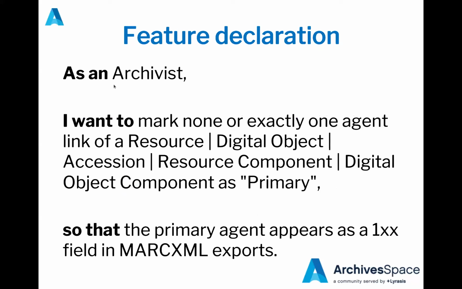And then the complete feature declaration would read: as an archivist, I want to mark none or exactly one agent link of a resource or digital object or accession, etc., as primary, so that the primary agent appears as a 100 field in MARC XML exports.